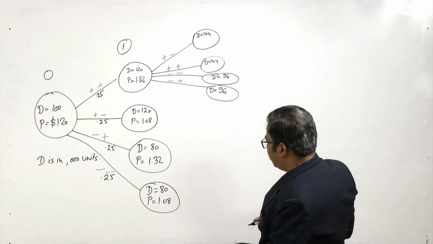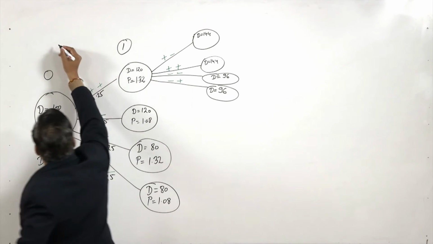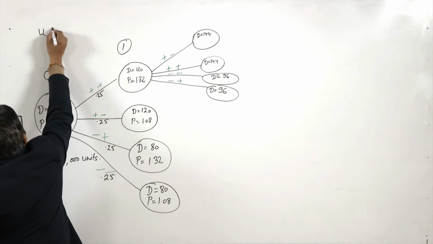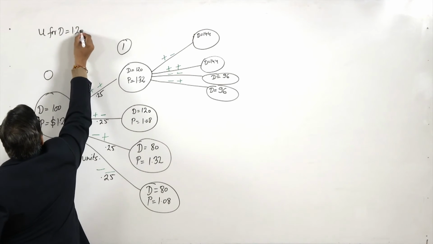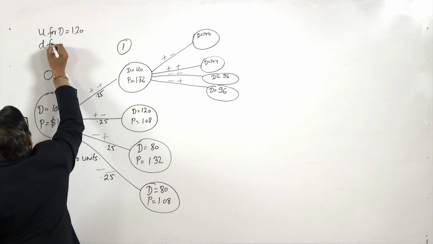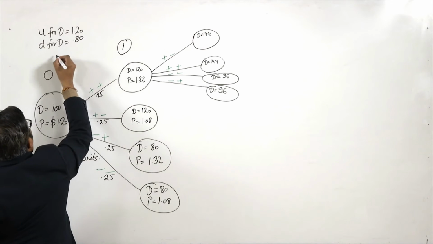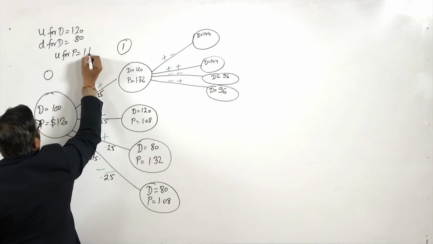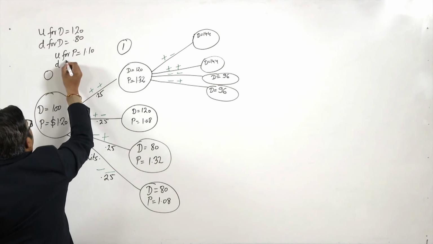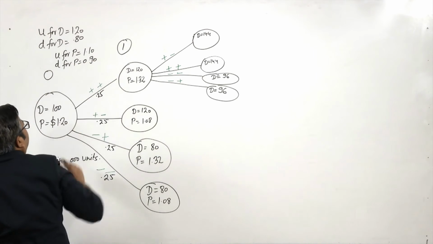So, you should remember that I should write here U for D is 1.20, small d for D is 0.80, U for price is 1.10 and D for price is 0.90.